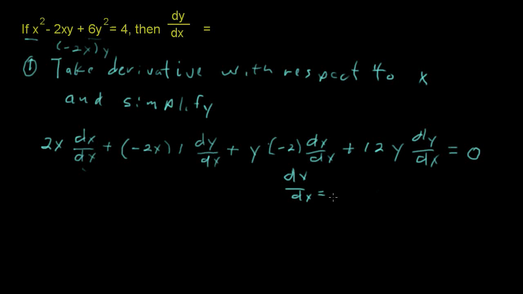We have just 2x, the dx cancels out, it's just 1, minus 2x dy dx minus 2y, there's another dx, so that's just 1, plus 12y dy dx equals 0.